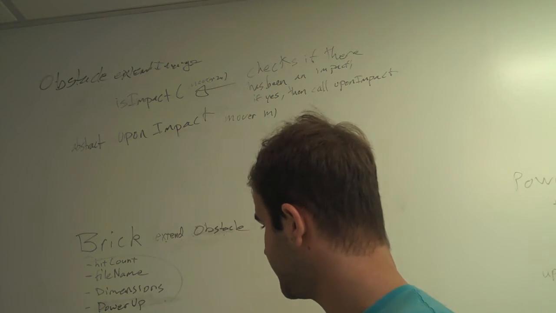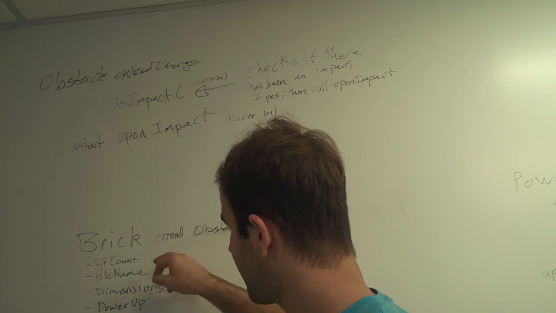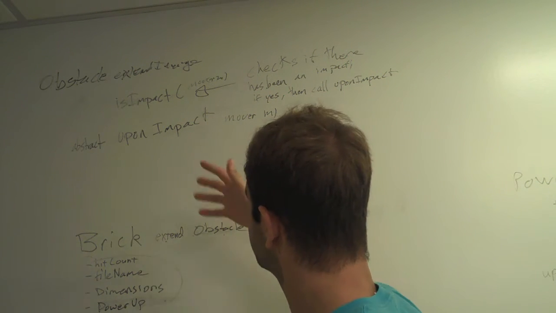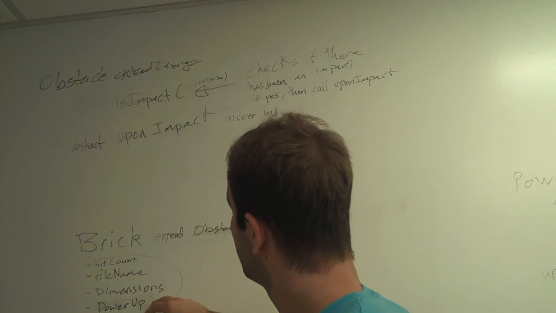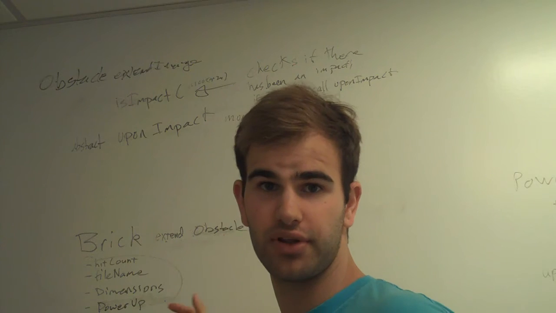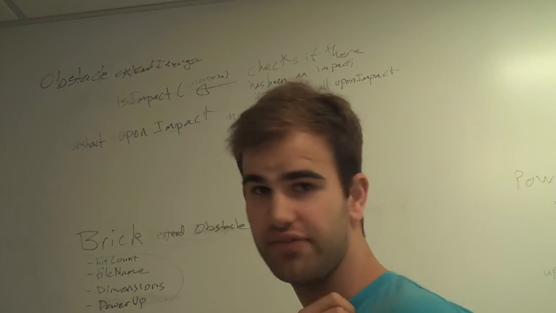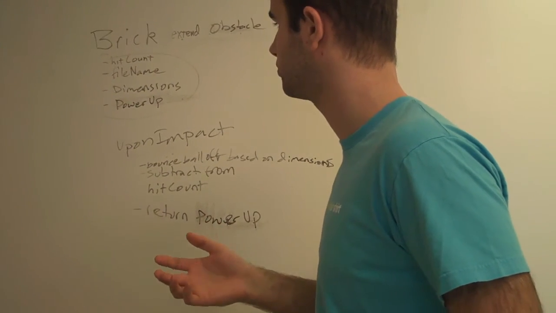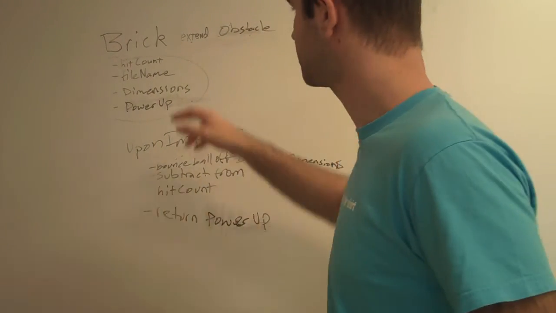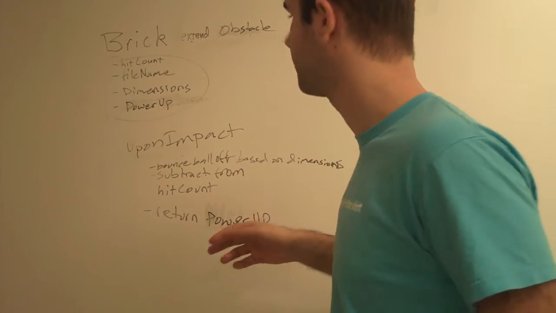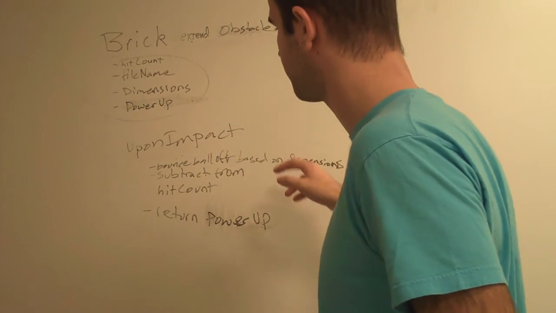In brick's case, brick is going to have a hit count, a dimension, a file name, because it's all associated with image, which is what obstacle extends, and brick's also going to have a power-up. The reasoning is that if you hit a brick so many times that hit count decreases to 0, then it turns into a power-up, or has the potential to turn into a power-up.